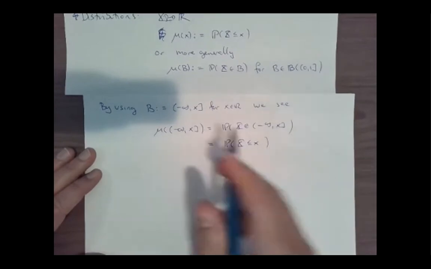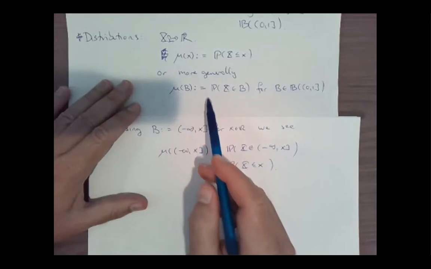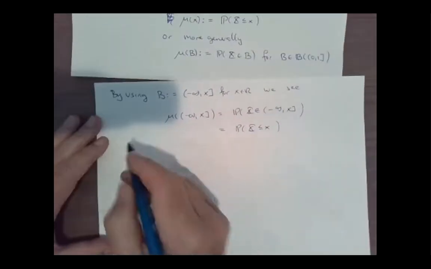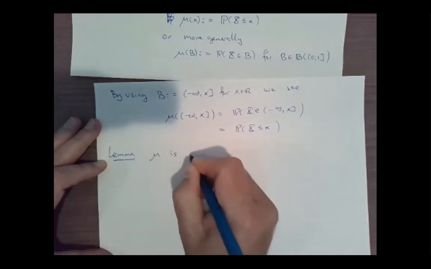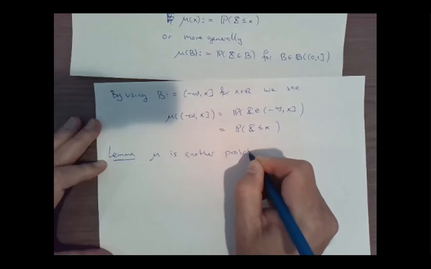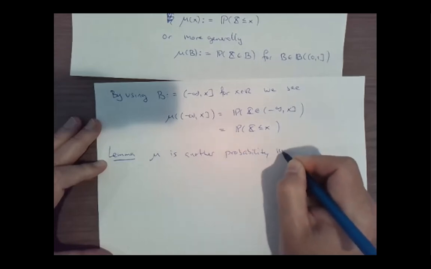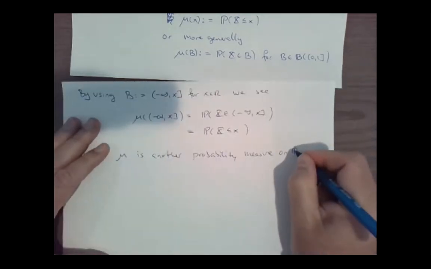So the cool thing is that you give me a random variable and I look at this distribution here. This is a probability measure. So this is a little lemma: mu is another probability measure on these Borel sets.